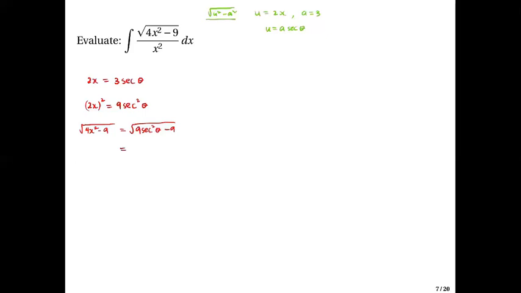Let's just completely calculate this. We have square root of 9 times secant squared theta minus 1. So this is just 3 square root of tangent squared theta, or simply we have 3 tangent theta.